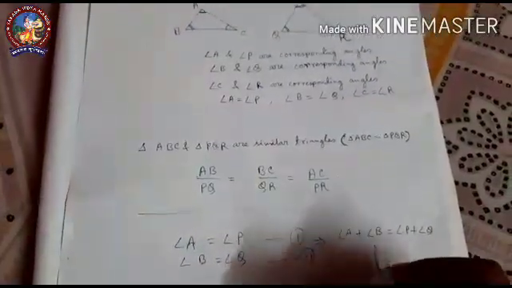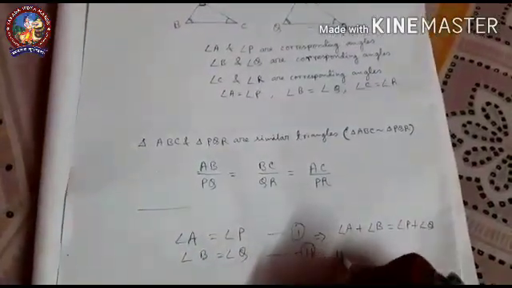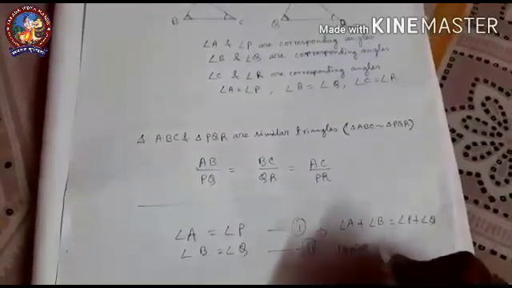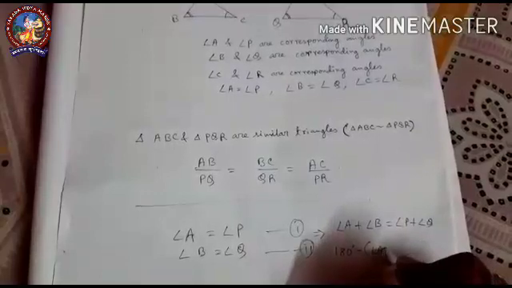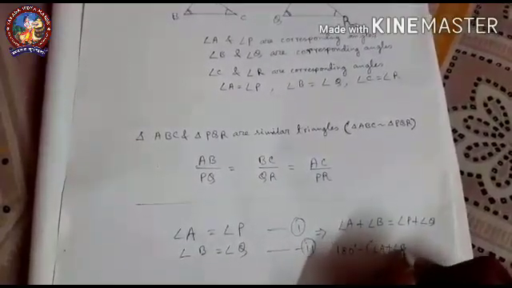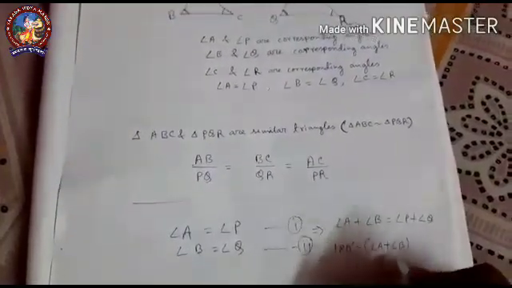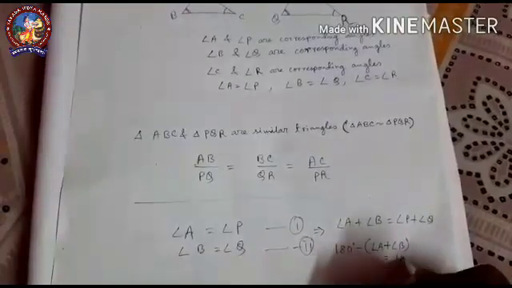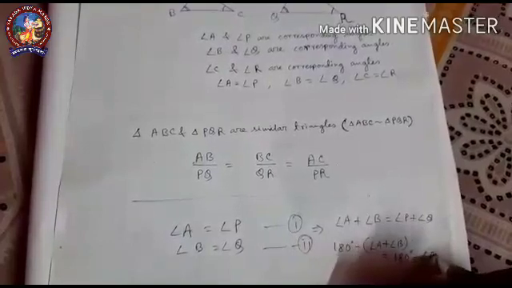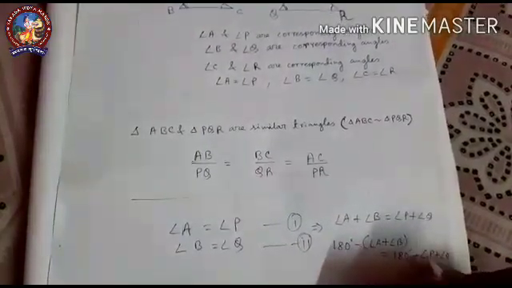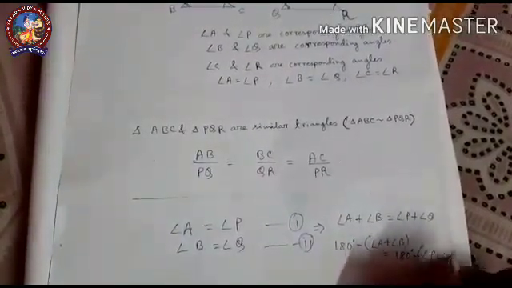Now 180 degree minus (angle A plus angle B) equals 180 degree minus (angle P plus angle Q), right?